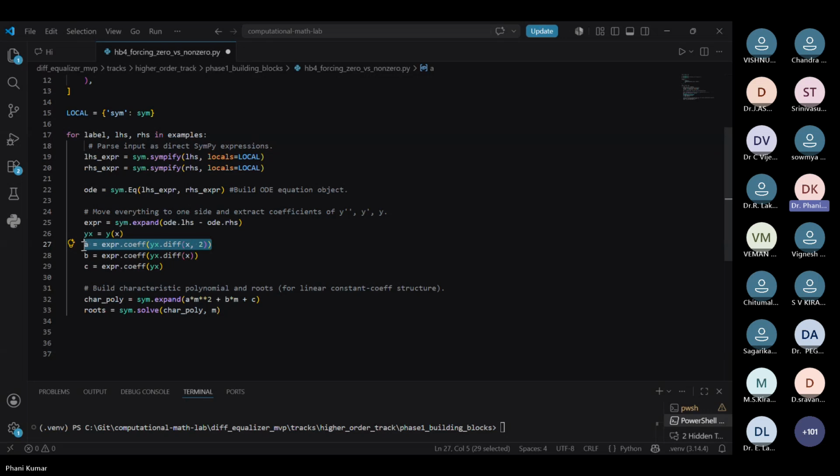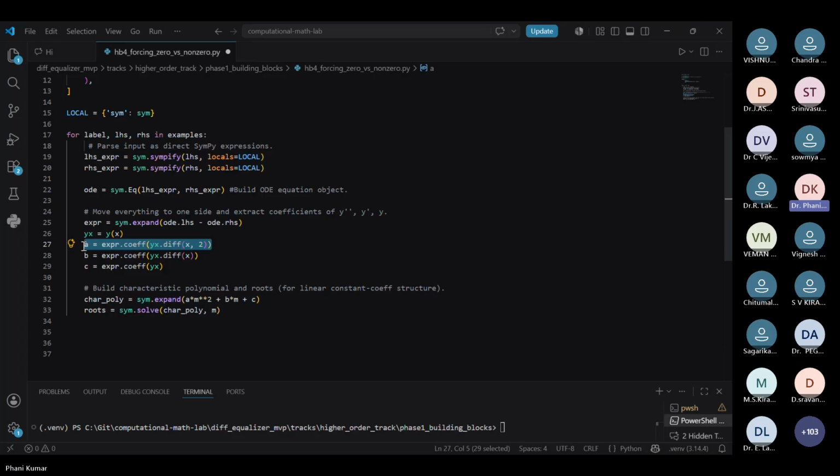From that expression I am going to collect the coefficients. How to collect the coefficients? Expression means expr, I am taking this variable. So expression dot coefficient of, where are we getting yx from? This is yx, y of x, I am calling it yx. Previously I noted that y of x, y is the variable which depends upon x. Previously I defined that function.